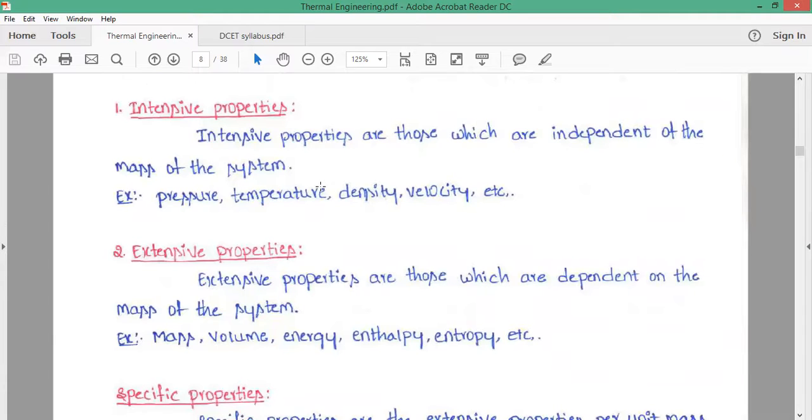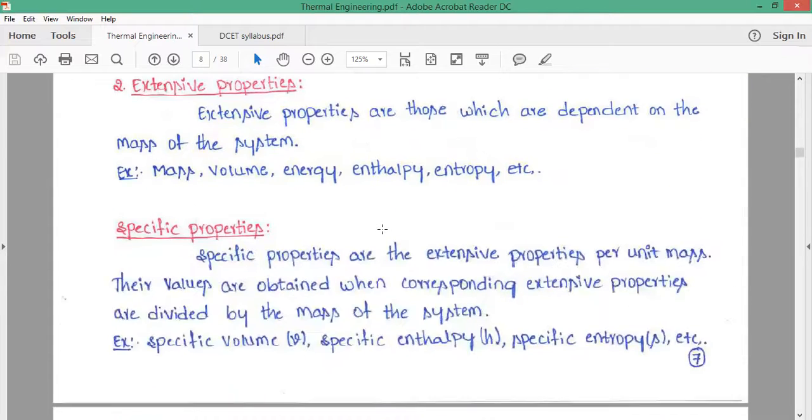If any of the properties depends on the mass, such properties are called extensive properties. Example: mass, volume, energy, enthalpy, entropy. If any of the properties doesn't depend on the mass, then such properties are called intensive properties or intrinsic properties. Example: pressure, temperature, density, velocity, etc.